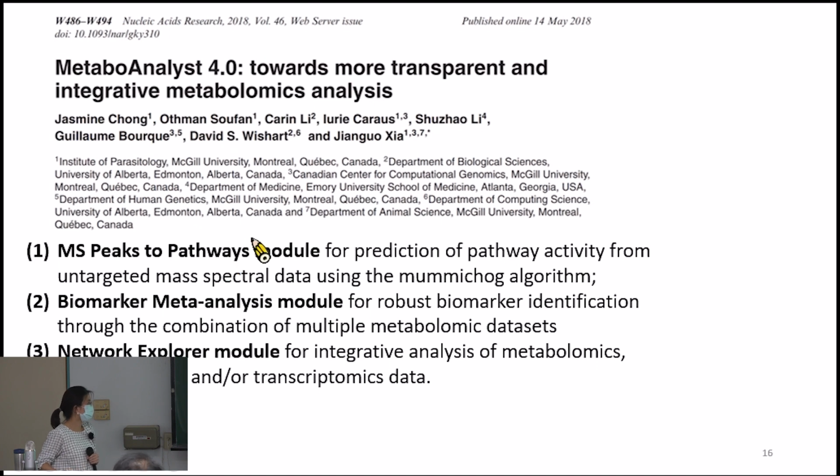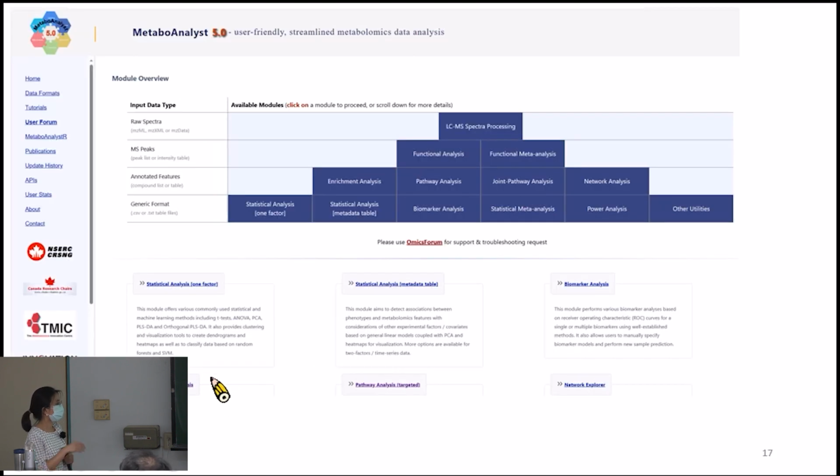If we use this module, we are able to identify the pathway activity that is highly correlated with your metabolites. We can also use the biomarker module to identify biomarkers that are highly correlated with your samples. And there is another tool, the Network Explorer module. This module can integrate your metabolomics data with transcriptomics or proteomics data sets. Similarly, I would like to briefly show you how to use this tool.